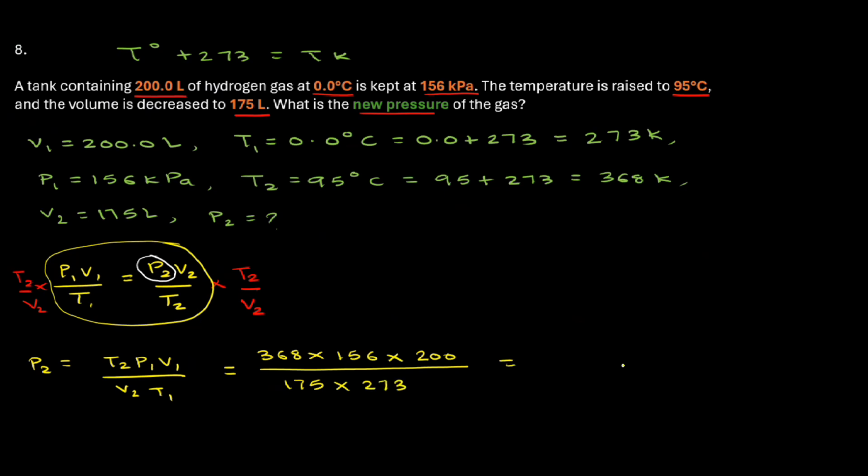When you solve this, you get the final pressure of the gas as 2.4 times 10 to the power 2 kilopascal. Since my initial pressure was also in kilopascal and we did not convert that to pascal, the final answer will also come out in kilopascal.